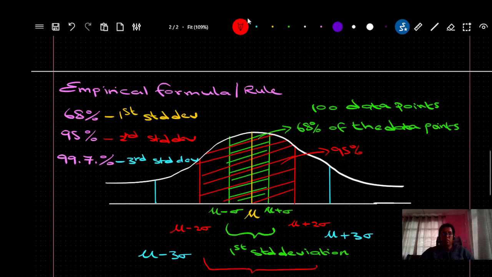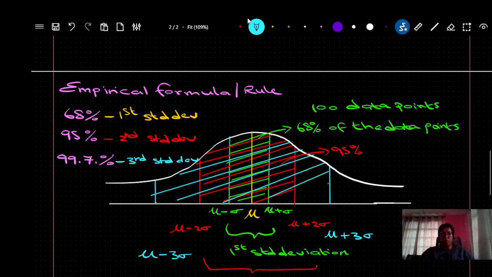And moving on, 99.7% of the data points lie within our third standard deviation. This is our empirical formula.